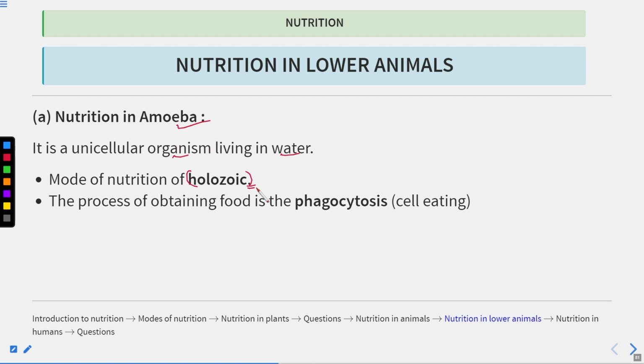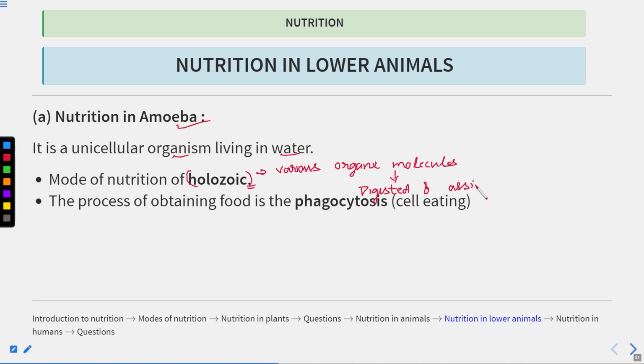Now what is the holozoic mode of nutrition? When the organism consumes various types of organic material, or various organic molecules or organic compounds, that are later on digested and then assimilated.